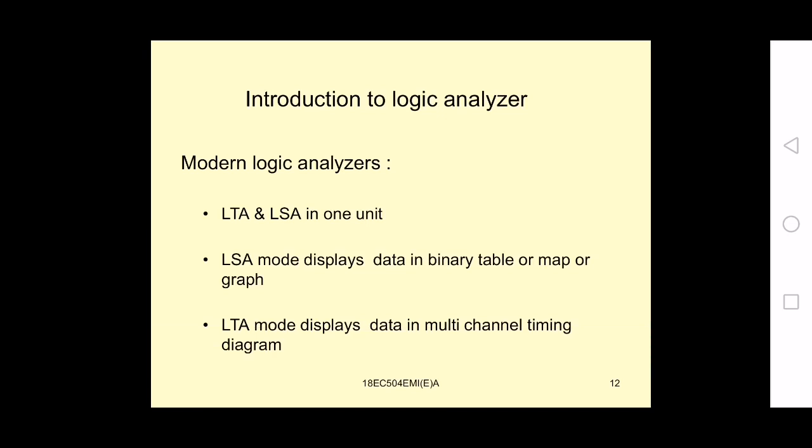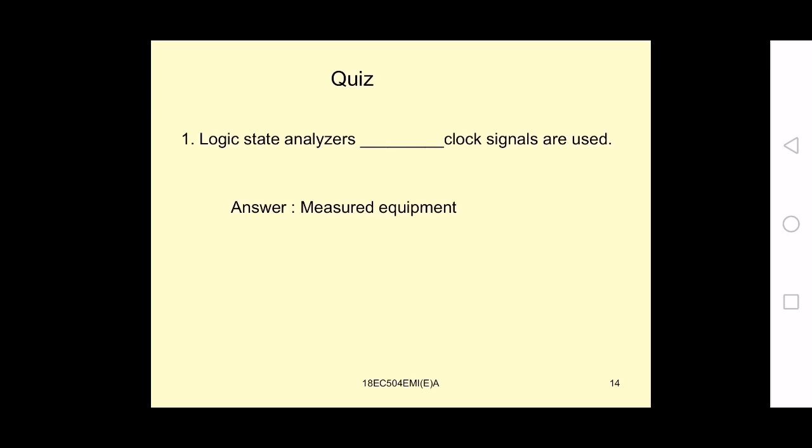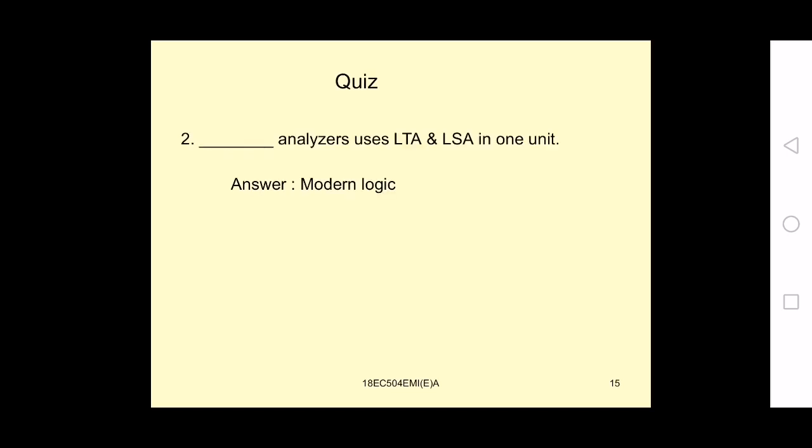In logic state analyzers, the measured equipment's clock signals are used. So modern logic analyzers use both the logic timing and state analyzers in one unit.